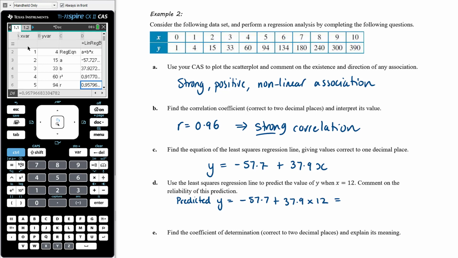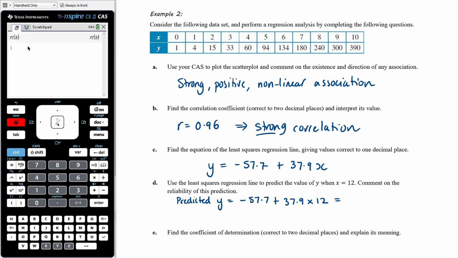Okay, so negative 57.7 plus 37.9 times 12. Okay, so that is 397.1. It should really specify correct to 1 decimal place, because if we used our function definition, f1 of 12, it would have given us, sorry, again I'm in the scratch pad, it's my fault, sorry.